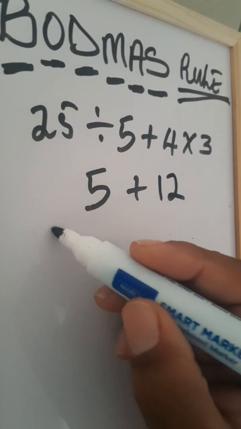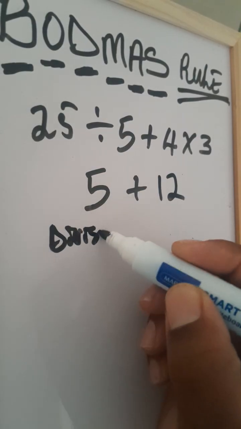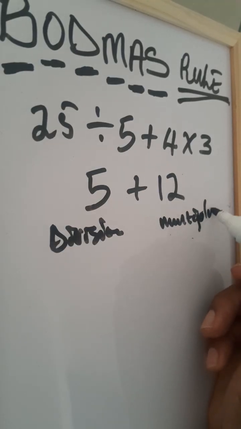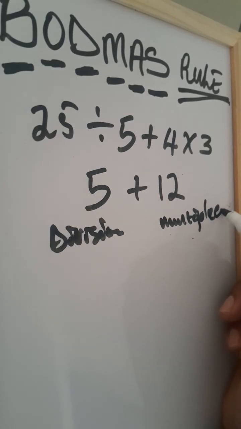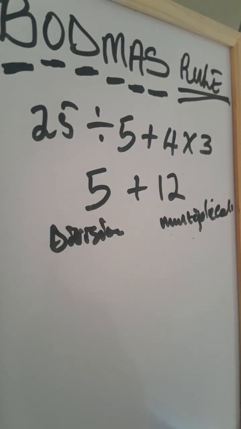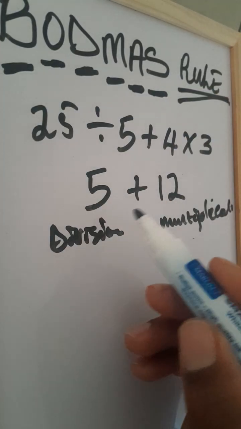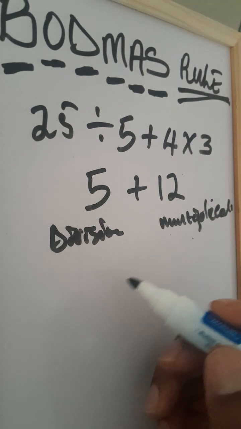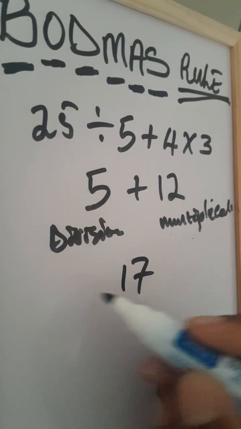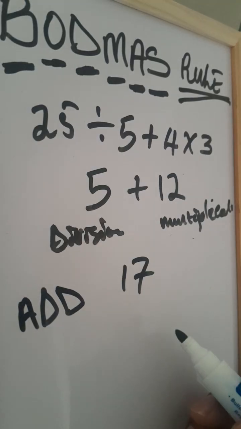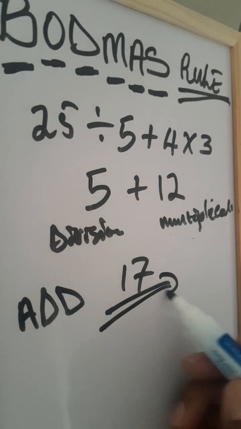So you started with division, then multiplication, and then we're going to go to addition, which says 5 plus 12, then it gives you 17. That's addition. Then it gives you this answer.